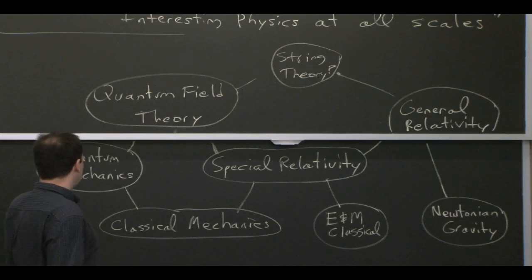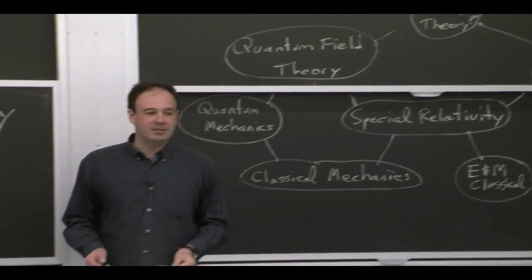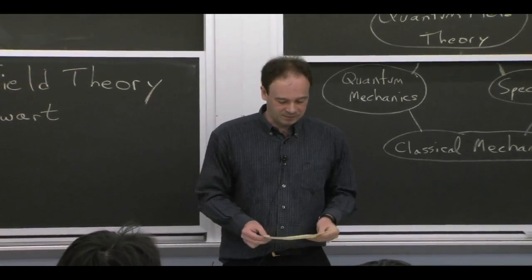We're going to be taking one of these blobs, in particular this one, and we're going to be looking deep inside it, trying to make more and more specific field theories.